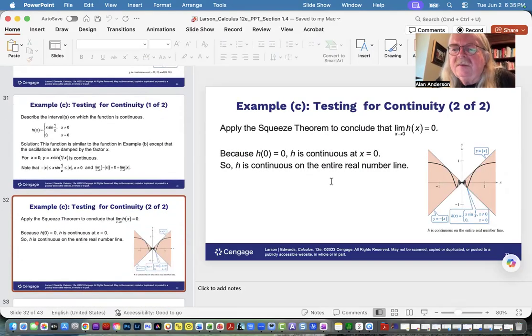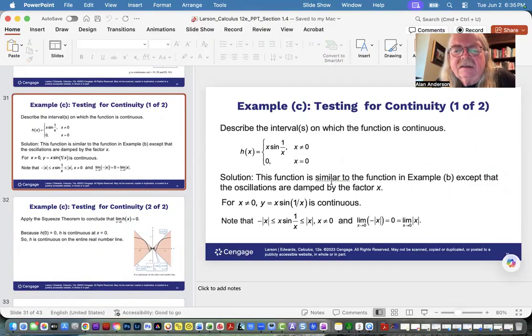Now, oh my God, multiplying by x, wow, look at that. So what they're trying to do here is use the squeeze theorem. They want us to see that x sine 1 over x is bounded between positive and negative absolute x. Let's write this down.